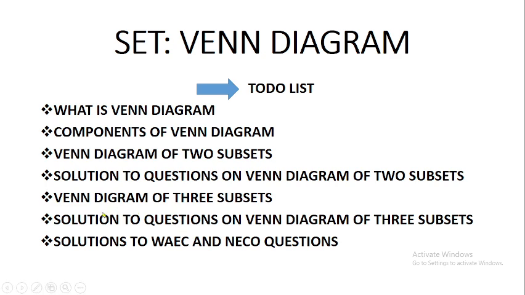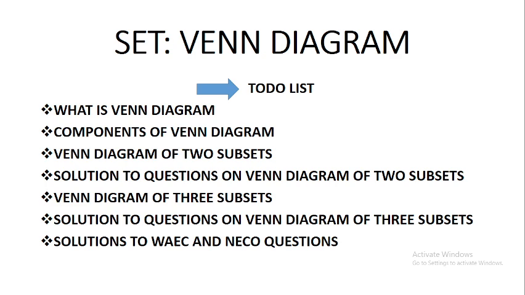Then also in this video we are going to be talking about Venn diagram of three subsets, and using it to solve questions as well. Then, like I said earlier, we're going to be solving WAEC and NECO questions that have been set on Venn diagrams in the past. So we have a lot for you in this video. I want you not to skip the video.